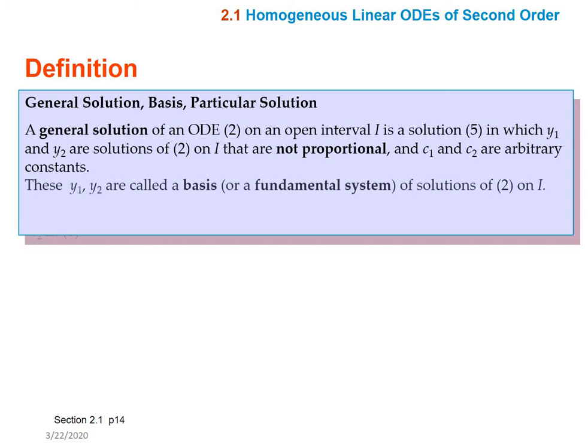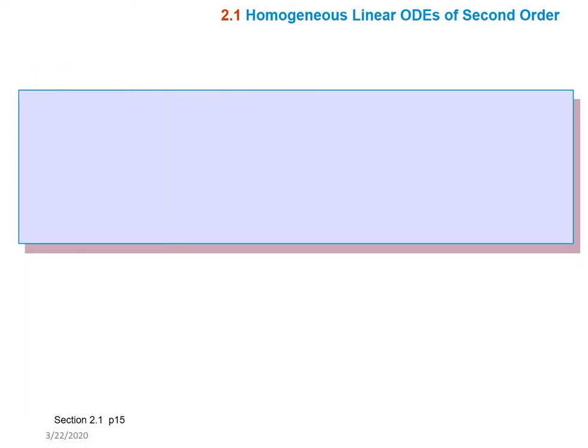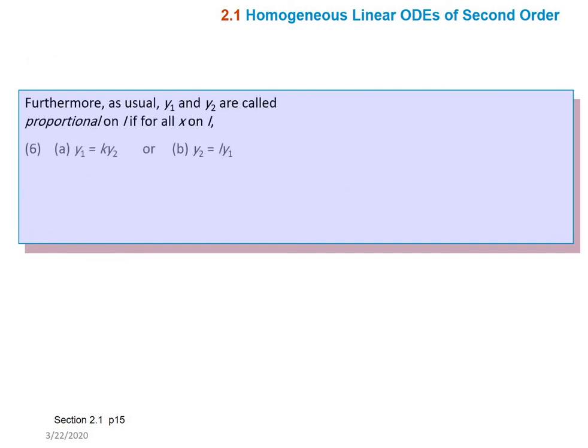If y1 and y2 are not proportional, we call them a basis, or in some other cases we call it a fundamental system of solutions. To be a basis, y1 should be a solution, y2 also should be a solution, and they are not supposed to be proportional, meaning the quotient is not constant.